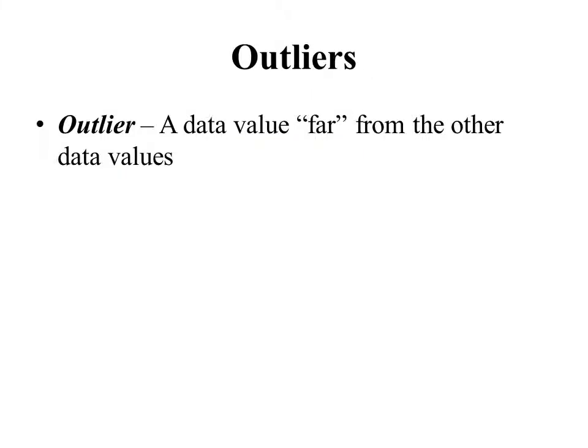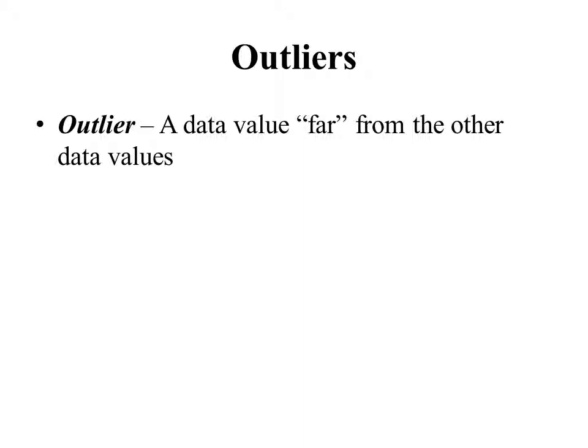Now, our last concept we're talking about in this chapter is the idea of outliers. Informally, an outlier is a data value that is far from the other data values. Now, what do we mean by far? I put far in quotes here because one person's definition of far may be different than another person's.